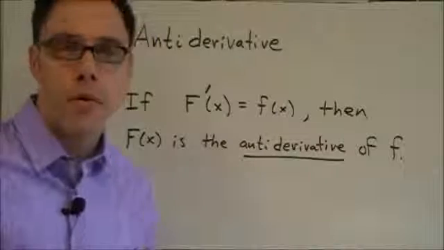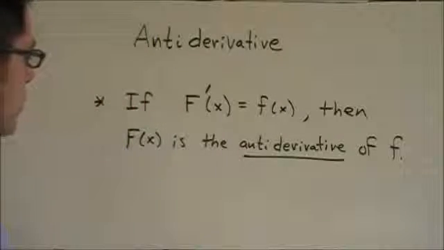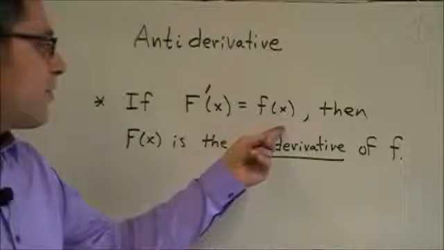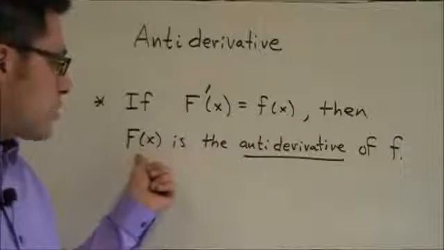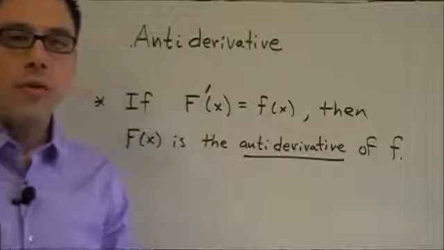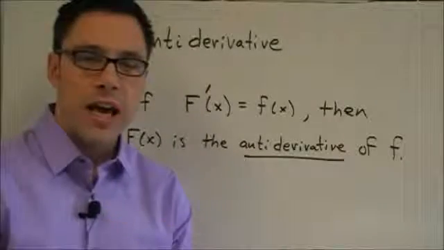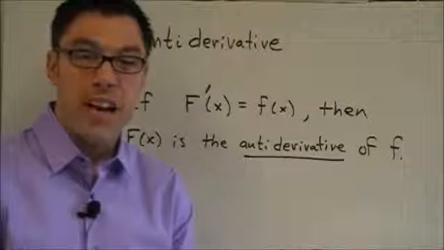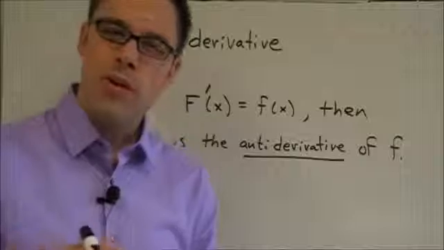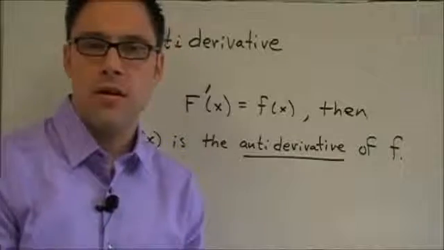Here's the more precise way of saying it. If the derivative of capital F gives you little f, then capital F is called the antiderivative of that f. So really what we're after is, given some lowercase f, by finding the antiderivative, I'm looking for the function whose derivative results in lowercase f.